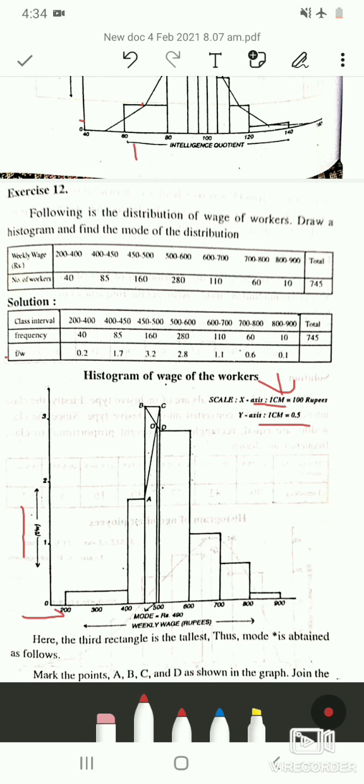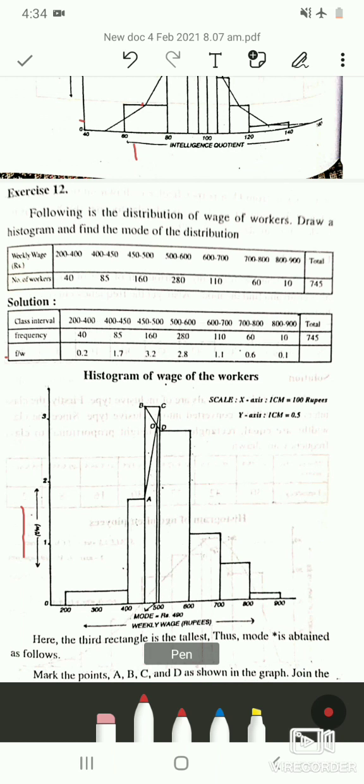So plot the histogram first. For the class interval 200 to 400, the frequency density is 0.2, which is somewhere here. So 1 centimeter shows 100 rupees. So plot a rectangular box from 200 to 400 of height 0.2.